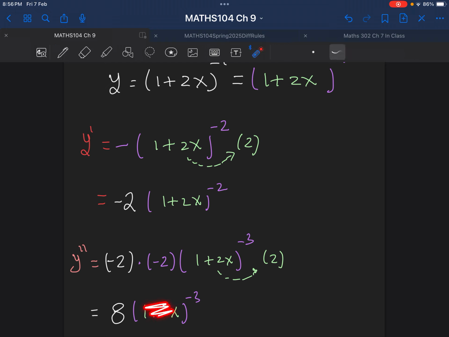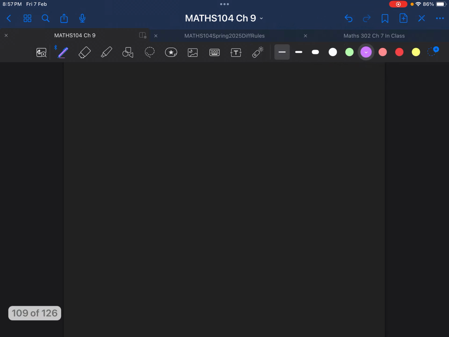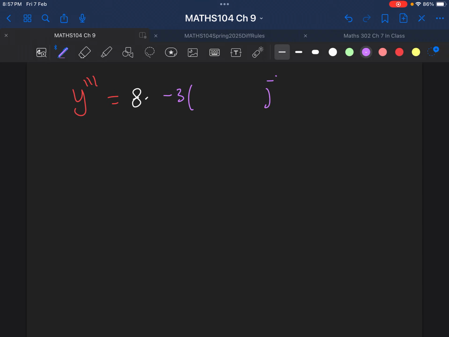Next step, you have power of negative 3, take it down and subtract 1 out of it. So it will be y triple prime equal to 8, and then we multiply it by negative 3 to the negative 4, (1 plus 2x), and then we multiply by the derivative, which is just 2.